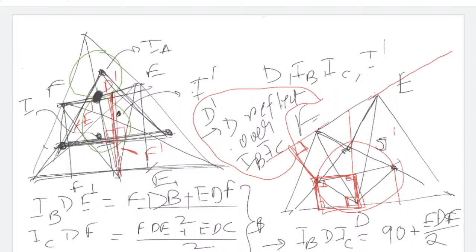Can you figure out a way to find lengths with respect to D dash, relating to D dash E, D dash F, etc.? Hmm, not very sure. I mean, you can go for trigonometry, but I don't see any other natural way to get lengths.